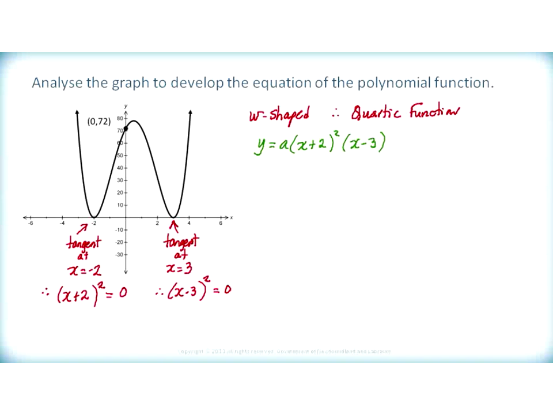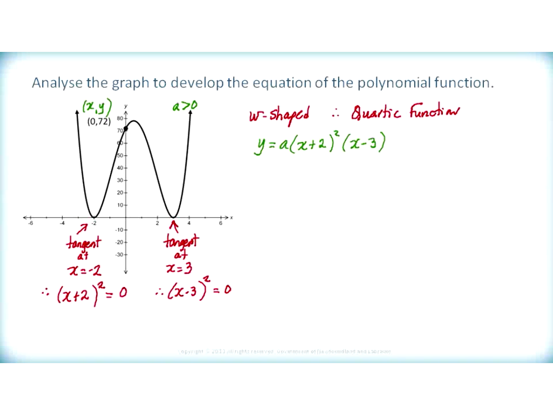In order to determine the value of a, we need a point that the graph will pass through. The point (0, 72) will be substituted in for x and y into our function in order to determine the value of a. Notice that because the graph extends up into quadrant 1 and up into quadrant 2, we know that the value of a must be positive.